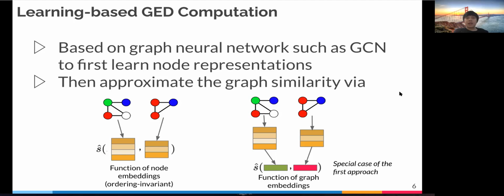In the second step, the similarity score is approximated via a function on the sets of node embeddings of the two graphs, as in the left figure, or as a function of the graph embeddings, as in the right figure. Note that the function on the node embeddings is an ordering invariant function, and the graph embedding is usually created by some ordering invariant function of the nodes. As you can see, the second strategy is simply a special case of the first one.